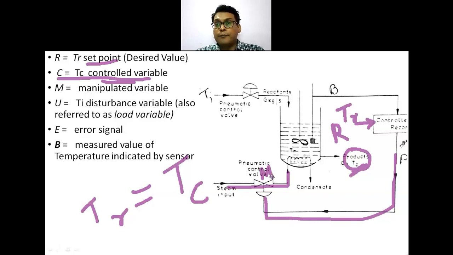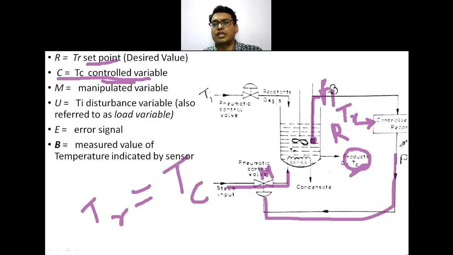Then B, that is the measured value. Whatever the temperature that is measured here by the thermocouple, it is measured by the temperature measuring element. This is your temperature measuring element. Then there is a temperature transmitter, TT.